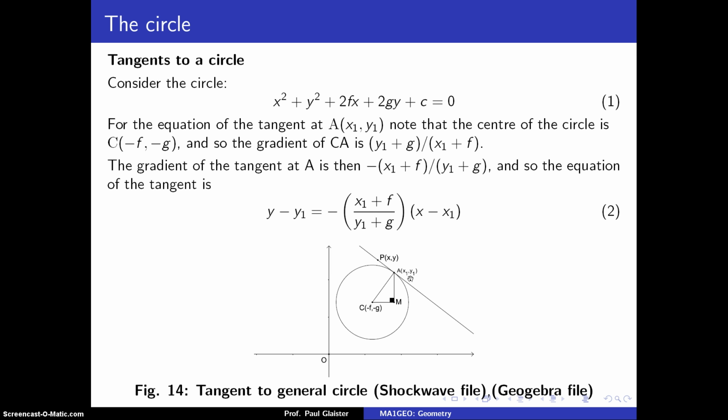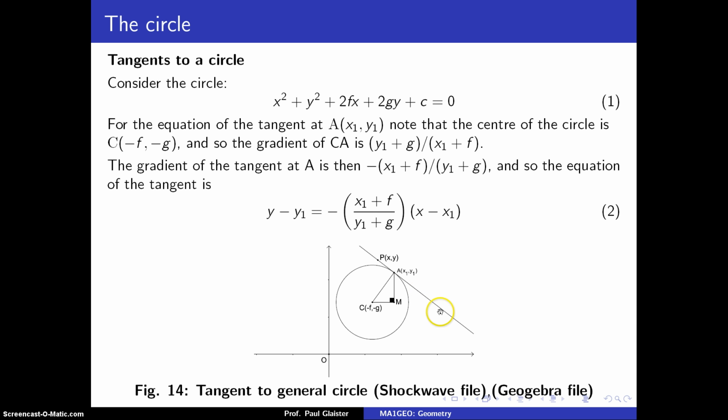We can do that very easily because we can write down the equation of the straight line, which is this tangent, by saying that the y difference from P to A, which is y minus y1, will be the gradient of that tangent times the x difference, which is x minus x1.